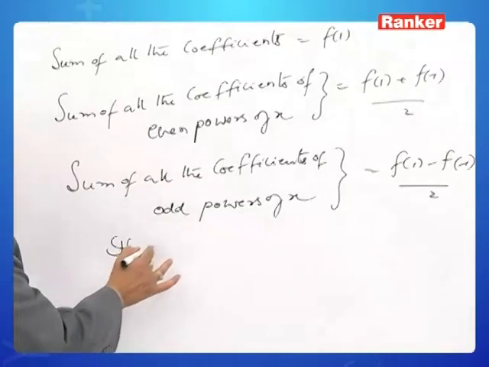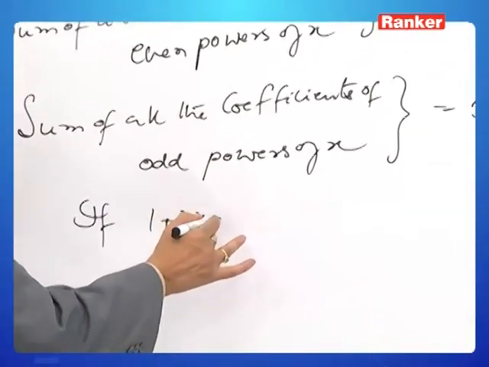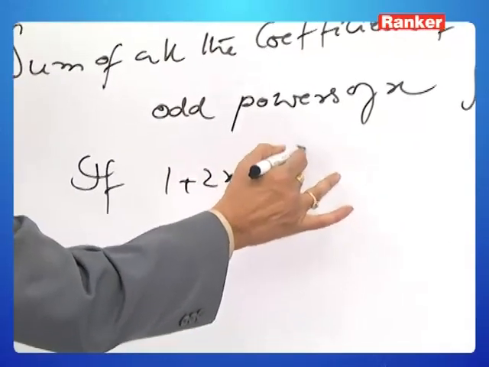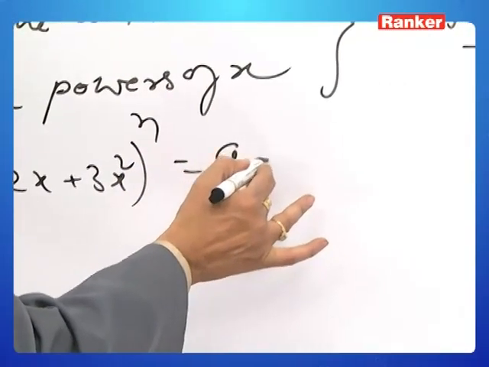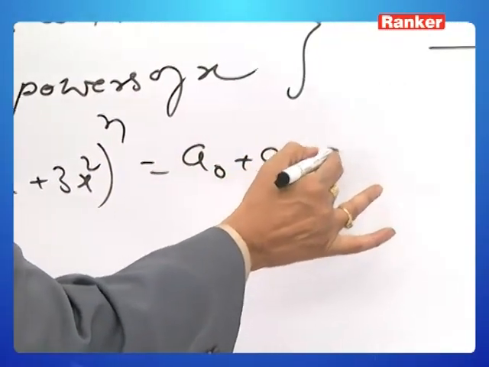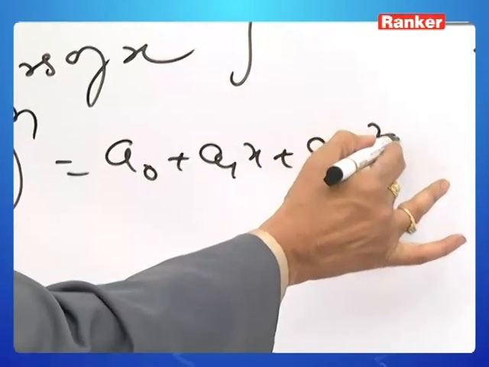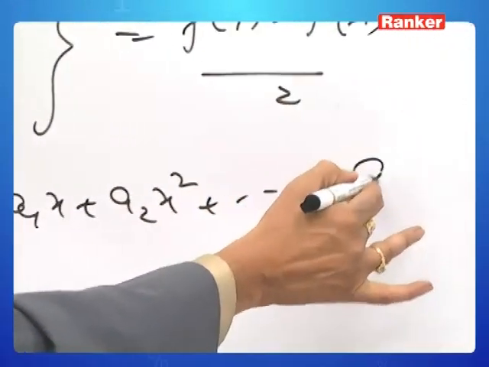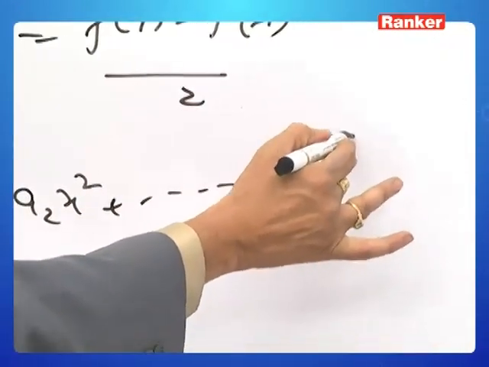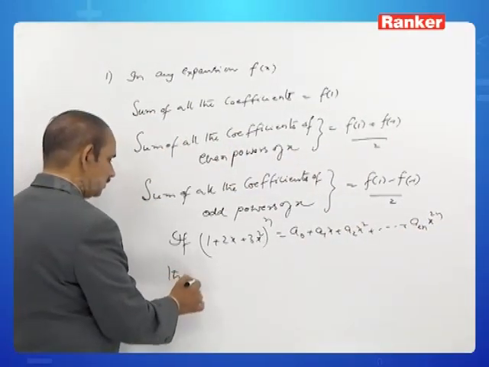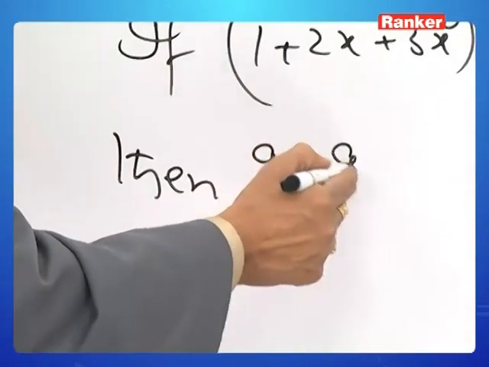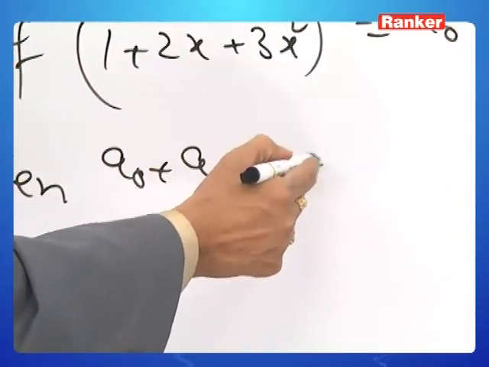If 1 plus 2x plus 3x square whole to the power of n is equal to a0 plus a1x plus a2x square plus and so on up to a2n x power 2n, then what is the sum of all coefficients?